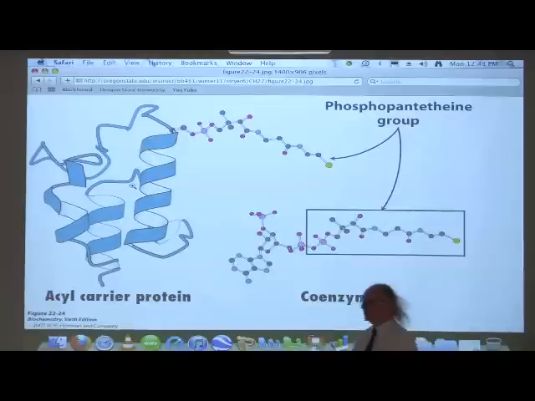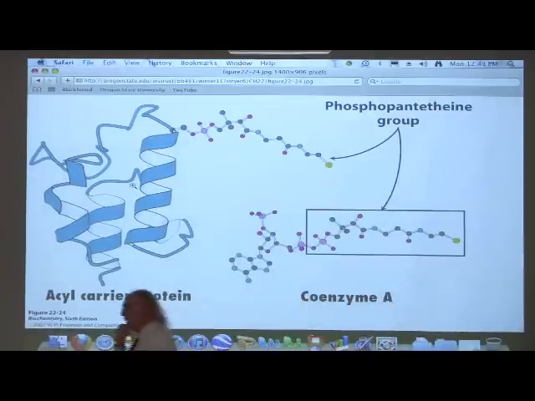Yes, sir? Is palmitate the only one that feedback inhibits? Palmitate is the only one that feedback inhibits the enzyme. That's correct. And there's a reason why. Palmitate turns out, as we will see, is one of the major endpoints of fatty acid synthesis. And there's others, but I'll explain that to you. Yes, sir. Do you have a question? Palmitic acid inhibits the carboxylase? So palmitic acid inhibits the acetyl-CoA carboxylase.